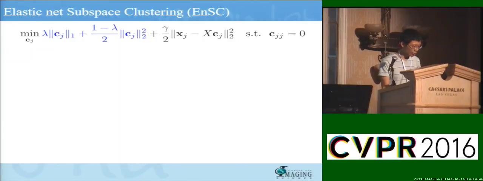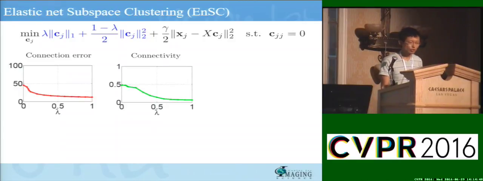Okay, the effect of the lambda parameter is demonstrated using the example in the figure. On the left-hand side, I'm showing the connection error as a function of lambda. And as we can see, the lowest connection error is achieved when lambda is 1, which gives the sparse subspace clustering method.